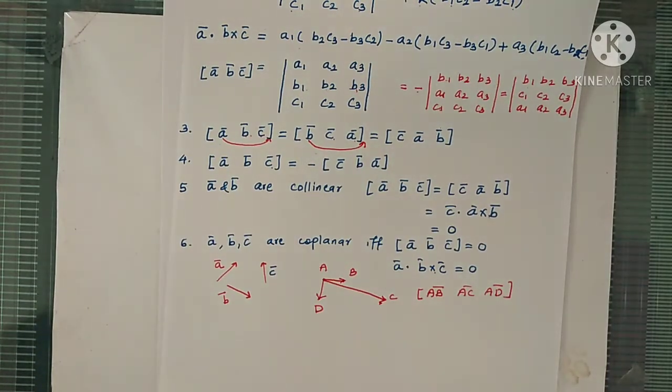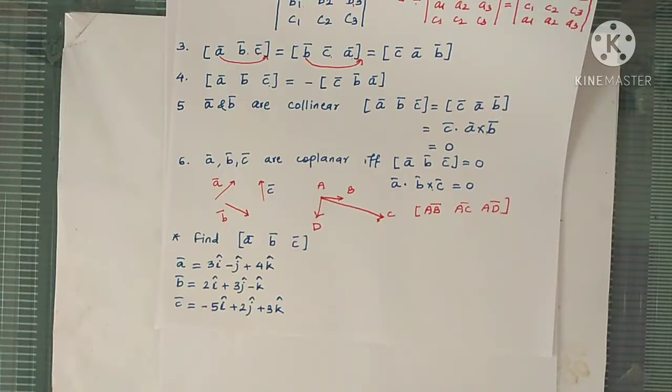If this scalar triple product is 0, that means these three vectors are coplanar, and as A is a common point to them, they cannot lie in parallel planes. They have to lie in the same plane. Therefore, the 4 points are coplanar. Okay. So this is a very common question in board exams, to prove 4 points to be coplanar, and this is the method. Okay.